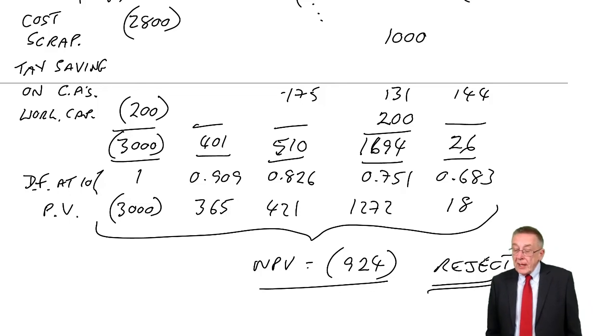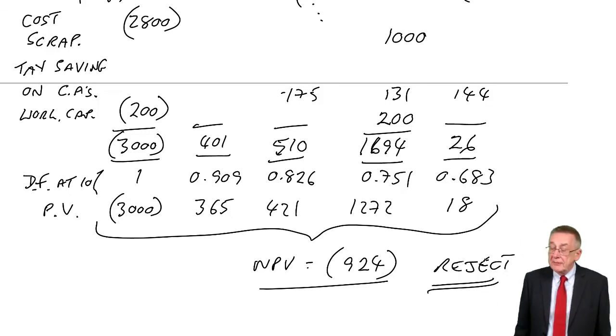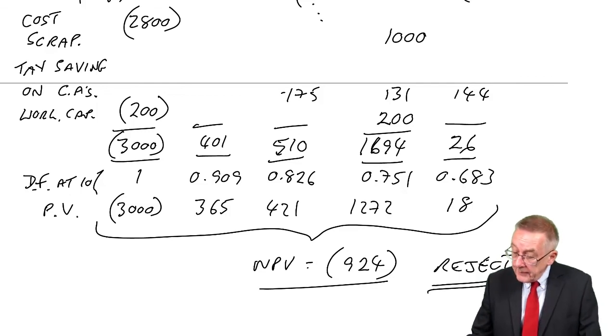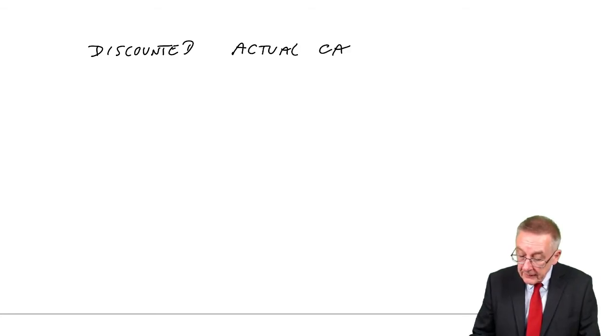Secondly, a bit of terminology, because one of the things you could be asked to do relates to inflation. Do appreciate here that what we've done is we've discounted, as usual in fact, the actual cash flows at the actual cost of capital.